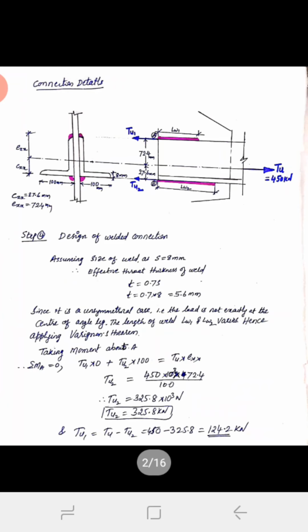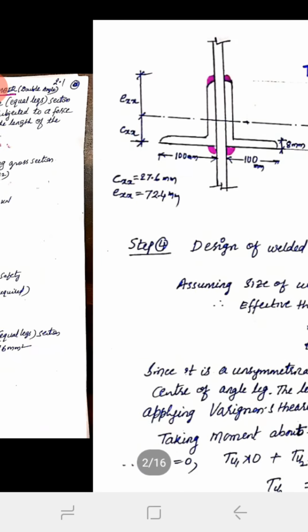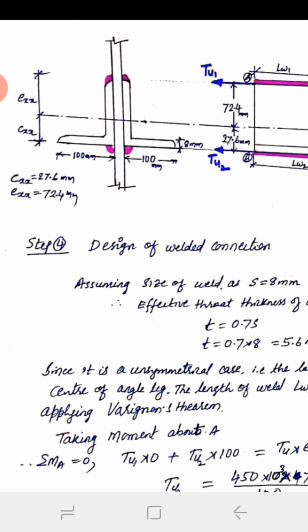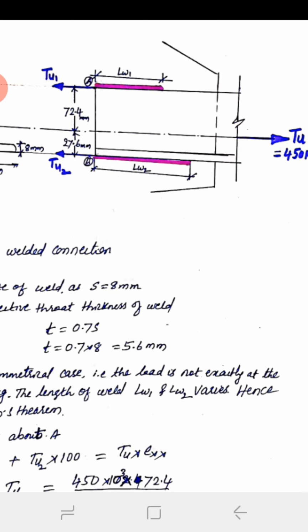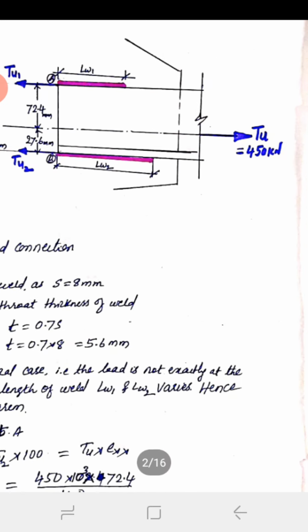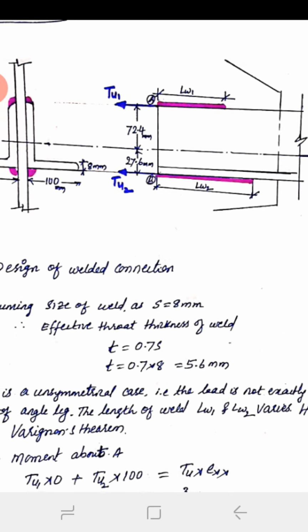After that, draw the figure like this and mark the angle size, that is the leg sizes 100, and EXX, CXX, which you also take from the steel table, as I have mentioned here. Then mark the length of the weld on either side, LW1 and LW2. Then the load is given as 300 kilonewton; make it factored, it becomes 450 kilonewton. For the 450 kilonewton you have to design the double angle section.